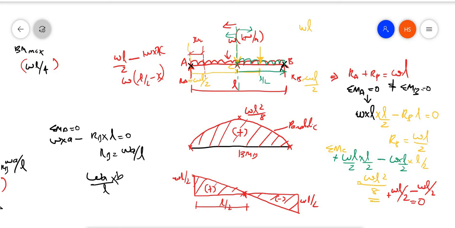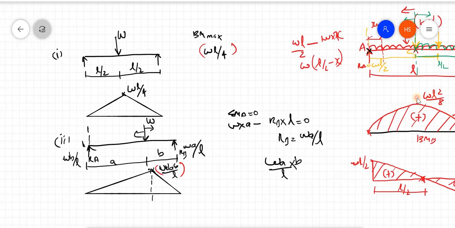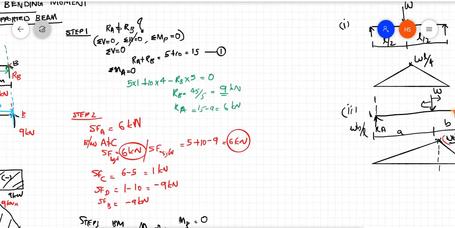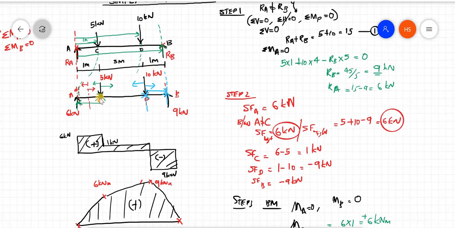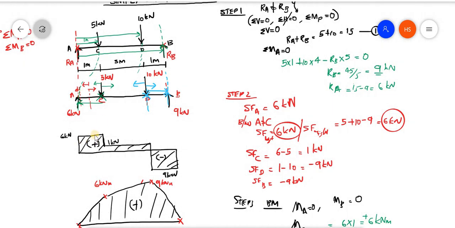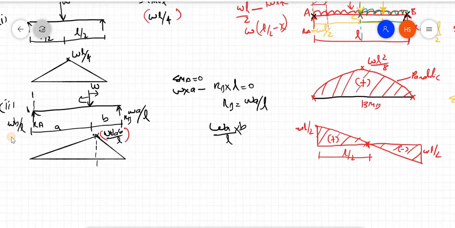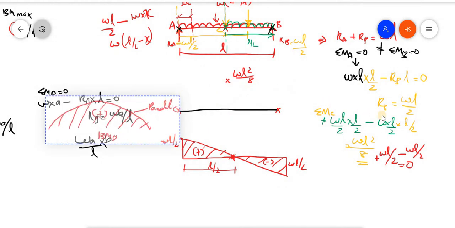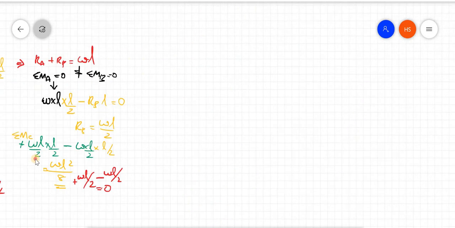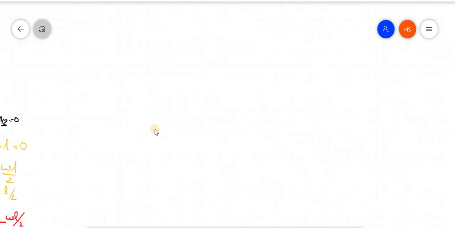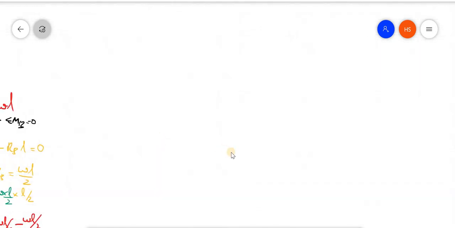Whereas in the other case, from point A to C there is no load, which is why it is constant. We will do one numerical problem which consists of these two types of load, so that it will be very easy to understand.